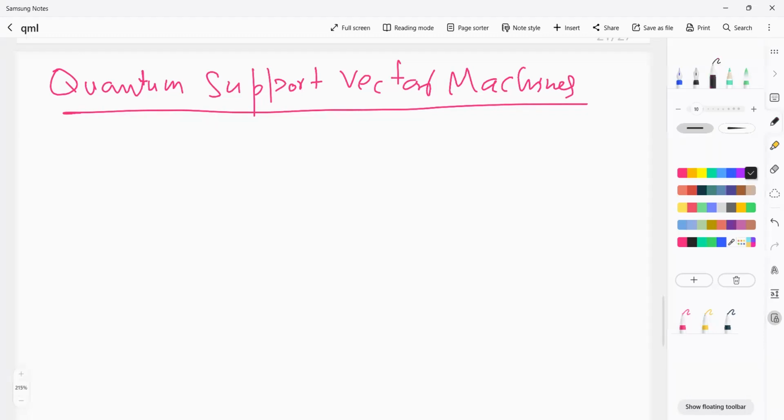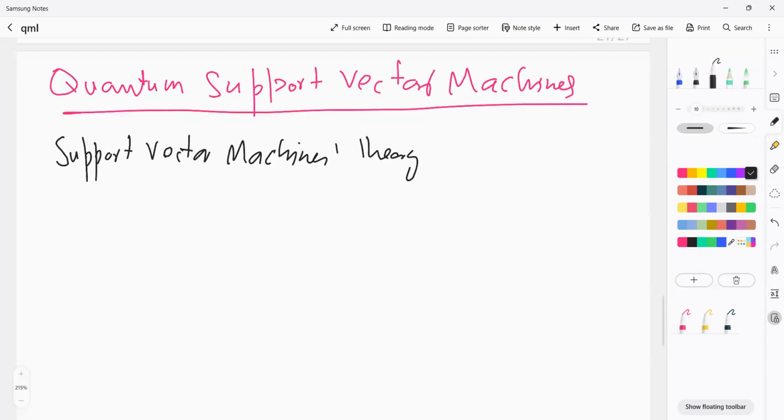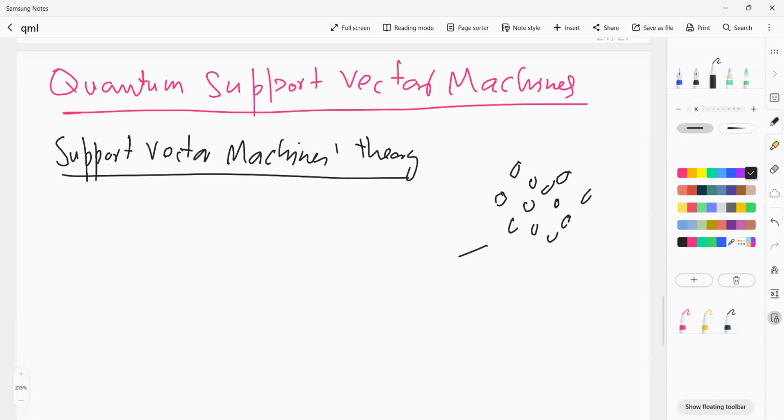So the problem at hand is this. Let me start by going through the support vector machine theory in a nutshell. Let's think about a data set that is composed of two types of points. So maybe x is -1 and O is +1.